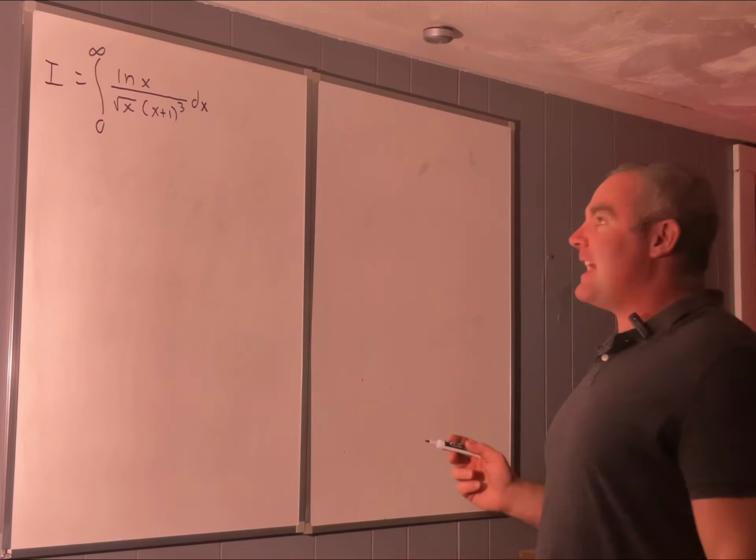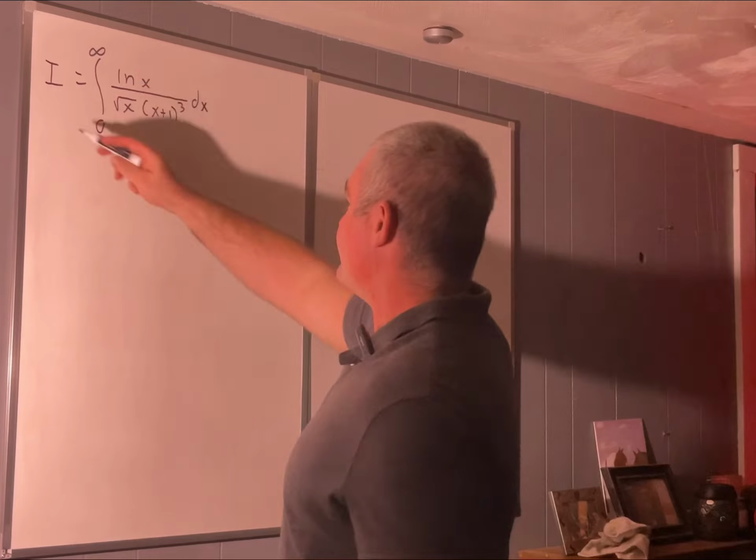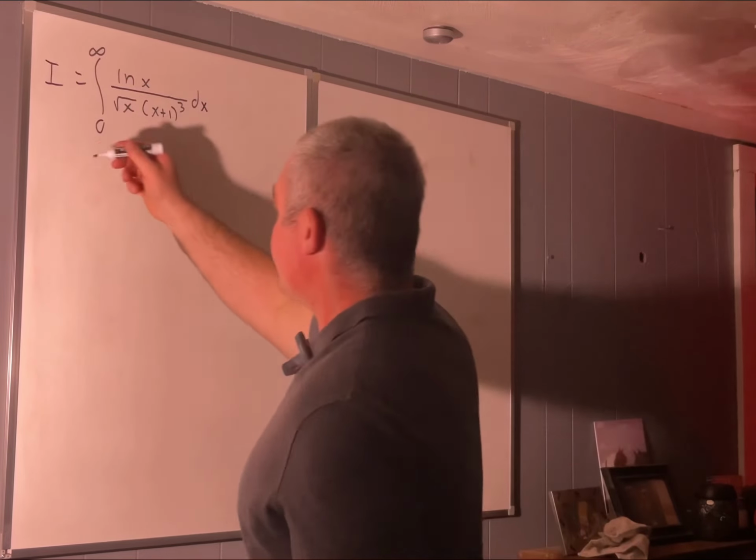Just as in my example 68 and 69 video, we're going to split this up into two separate integrals, one going from 0 to 1 and one going from 1 to infinity.